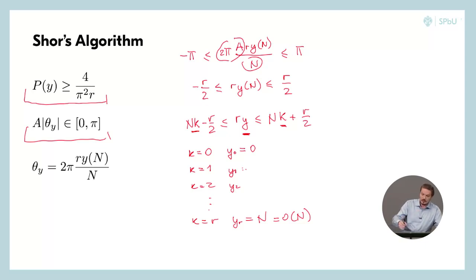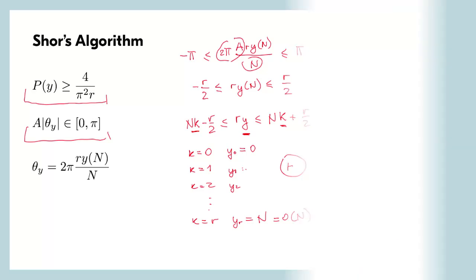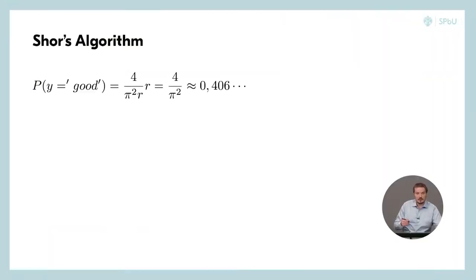So there are only r different good y's. And we have the probability of measuring each of them. So the probability of measuring any good y is this probability of measuring one of them multiplied by the number of good y's, which is 4 divided by pi squared, and it is almost 1/2.